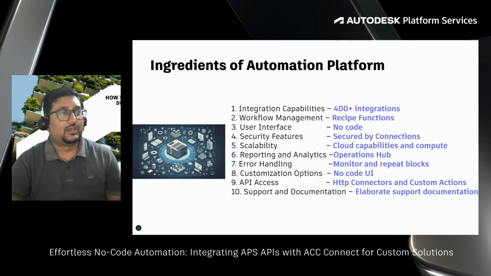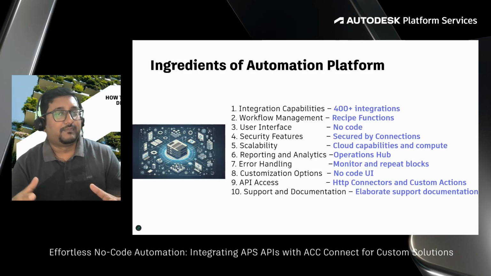We also saw a lot of customization options because we have a no-code UI where it is easy to drag and drop. So it is really easy to customize. We have API access available through the different HTTP connectors and custom actions. And there is an elaborate set of documentation and support available. So these are the different capabilities which make ACC Connect a very powerful platform for automating a workflow even for people who are not coders.